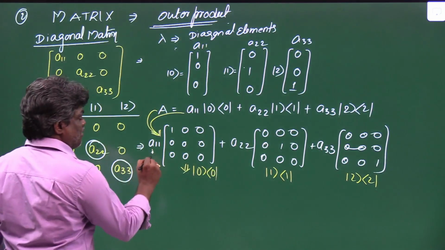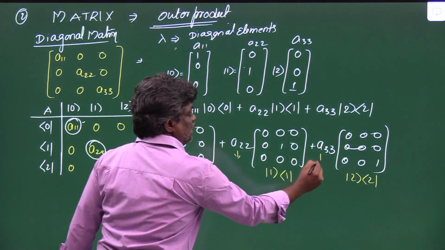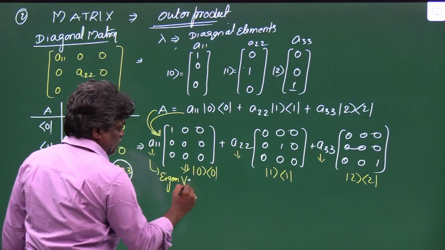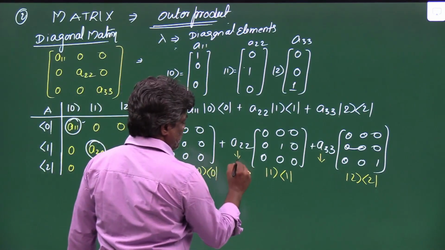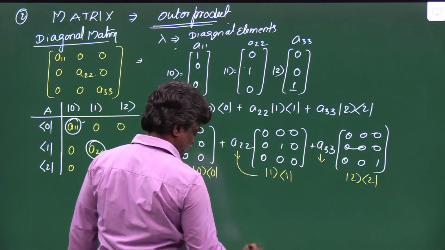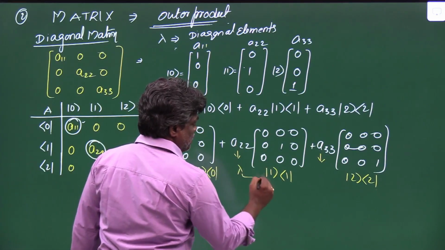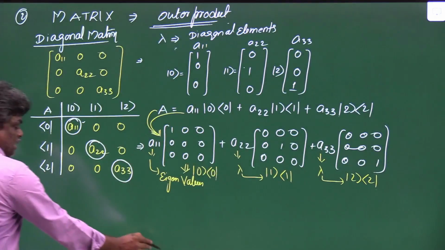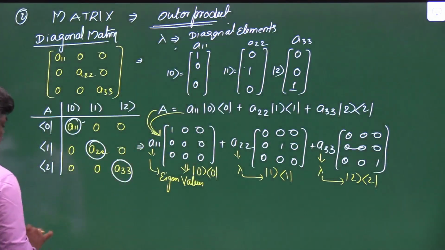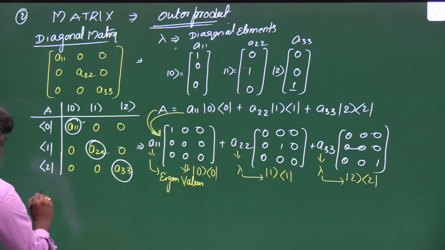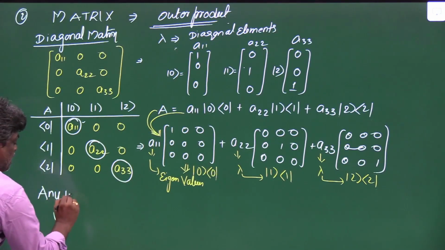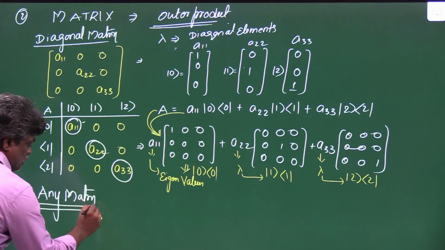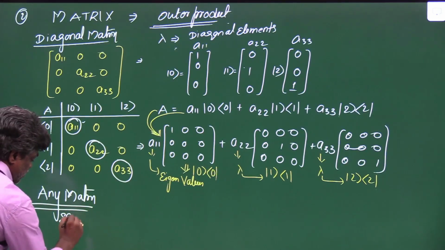And what are A11, A22, A33? Eigenvalues, right? This is the eigenvalue of this, lambda of this, lambda of this. So finally, what is my conclusion? If you observe carefully, this is valid for any operator, any square matrix.